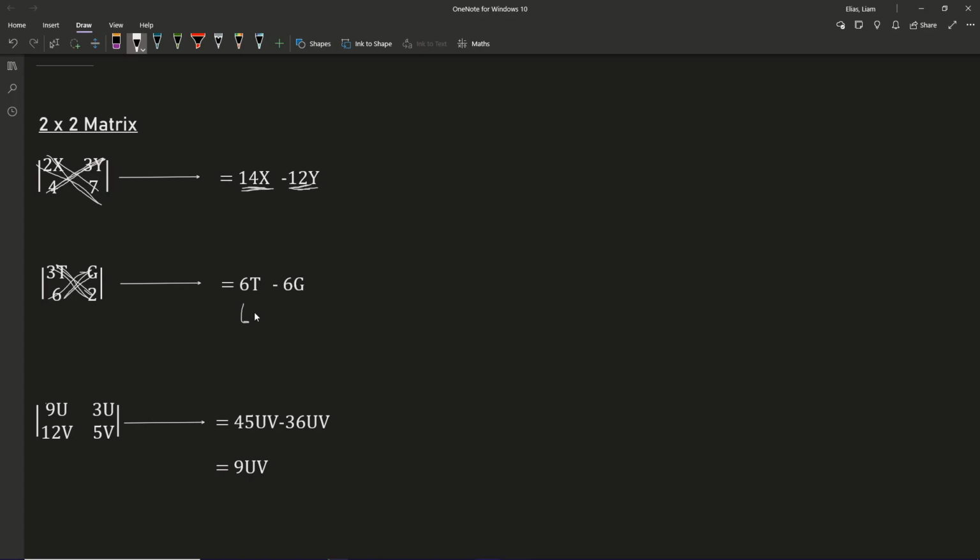So we're going to have 6t minus, bracket, negative 6g. These negatives are going to turn into a positive, so our final answer is going to be 6t plus 6g.